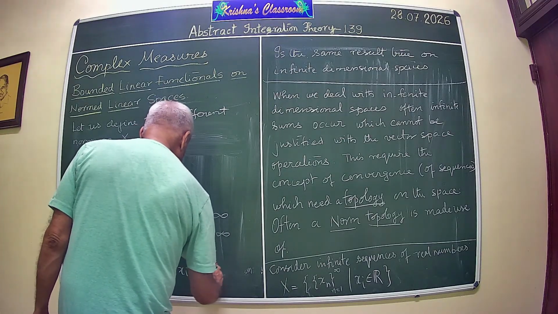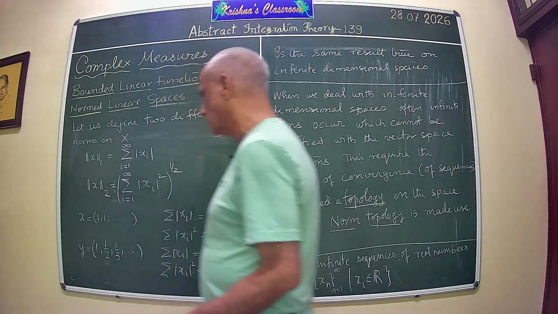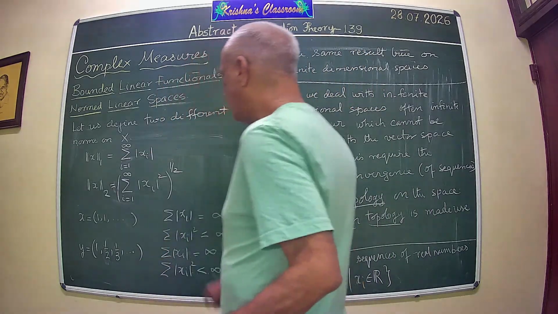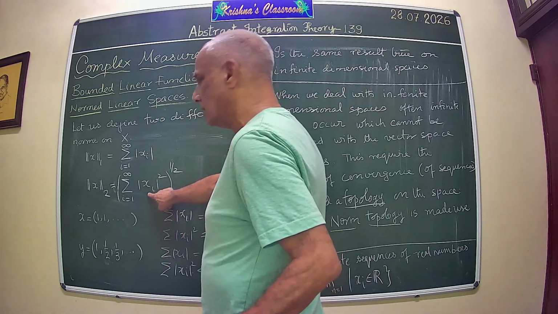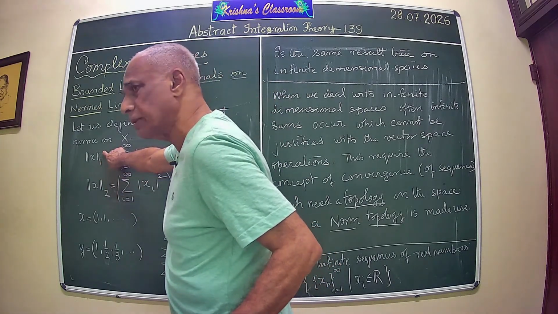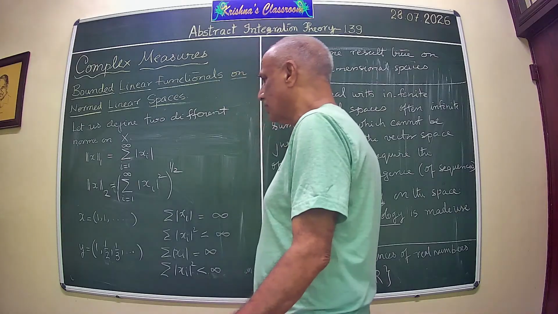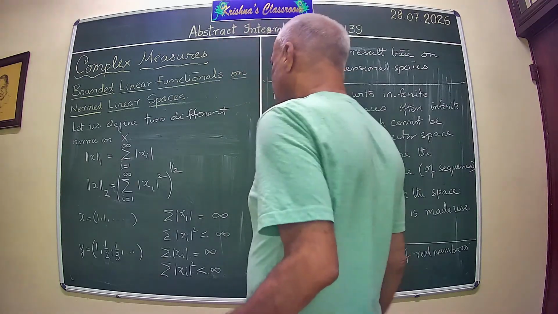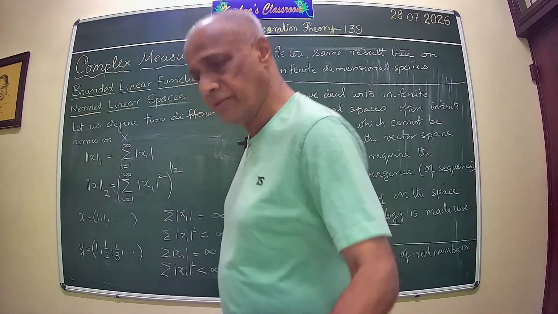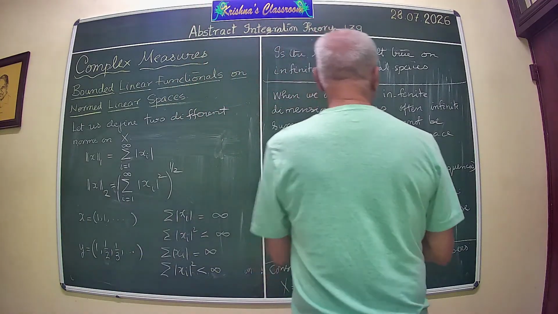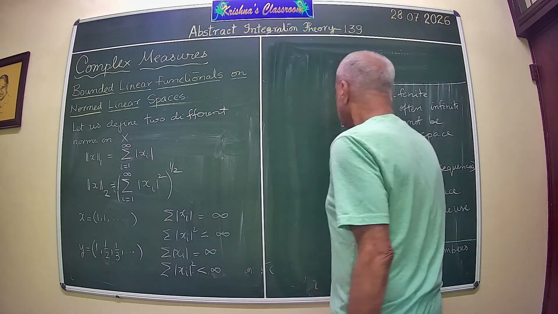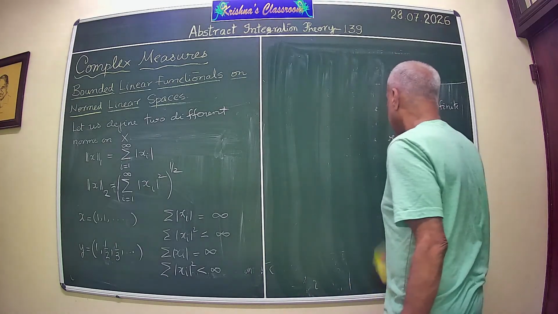Okay, so this particular element is in the space with this norm, whereas it cannot be in the space with this norm. That's the difference that you have. So this is called L1. So we will now make it more clear. So let me define L.